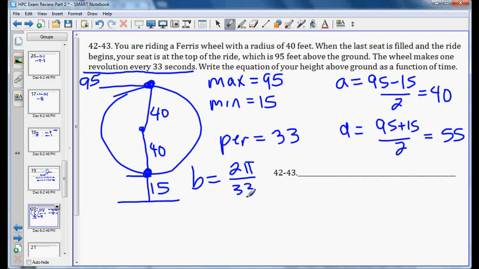Since we're starting with the maximum, we use cosine of 2 pi over 33 t, close the parentheses because there's no C value, plus 55. Whew. And that is all the trig problems.